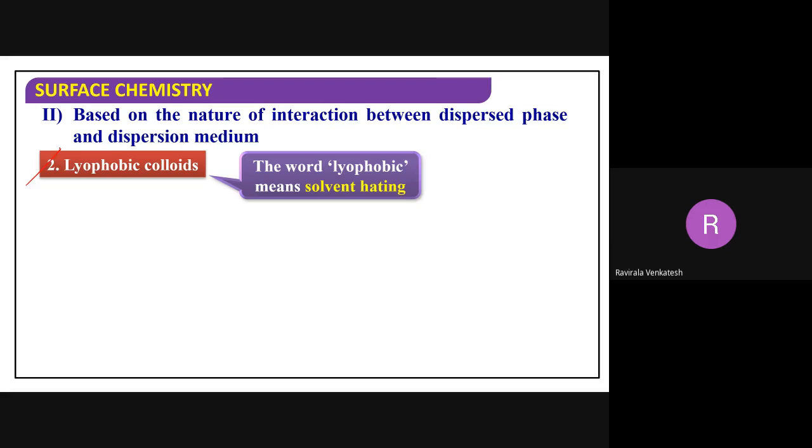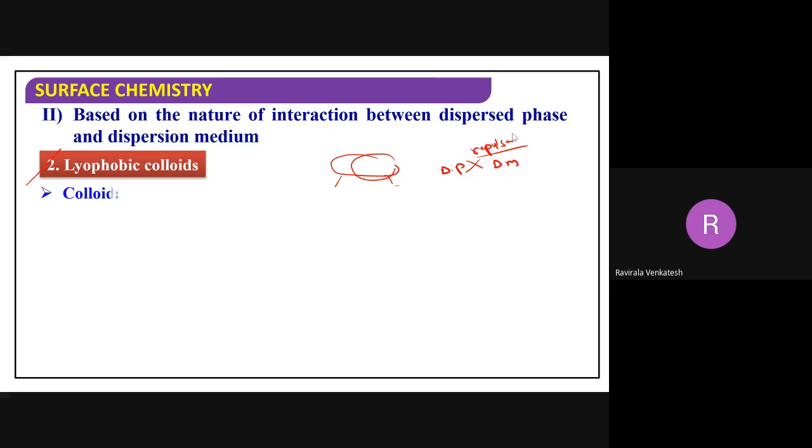Second, lyophobic colloids. Lyo again means solvent, and phobic means hating. So solvent-hating means the interactions between the dispersion phase and dispersion medium are repulsive. These are not stable interactions. So they come under lyophobic colloids.